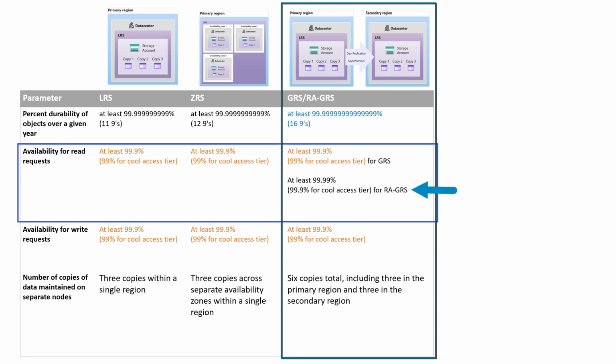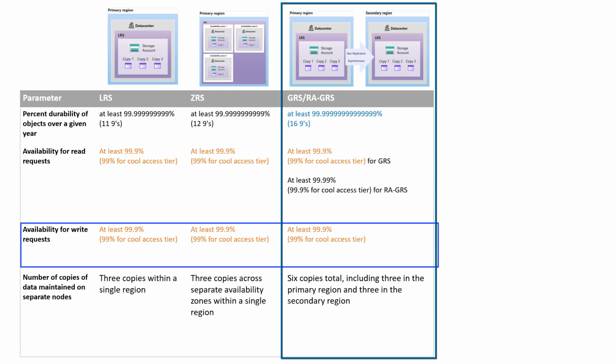In that case, Azure enables your application to read data from the secondary region as well. So you have 2 options to read data: you can read from primary and you can read from secondary. If we enable that option, then the availability for read even increases from 99.9 to 99.99. That is called RA-GRS. Write availability stays the same, which is 99.9 for all of these 3.